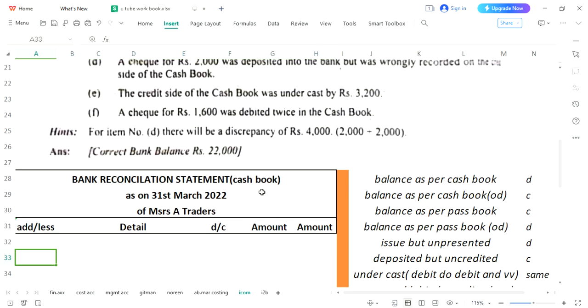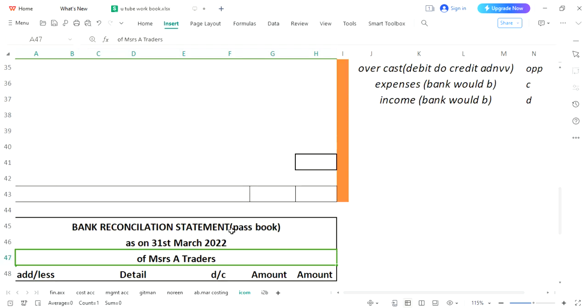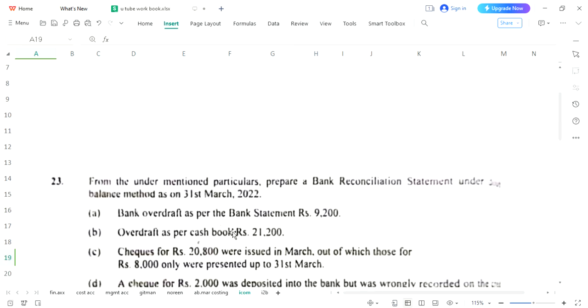First is for cash book and second is for passbook. Because two balances are given, the rules are the same. First, bank statement overdraft, please note it down. This is passbook overdraft. Cash book overdraft is credit, passbook overdraft is debit.